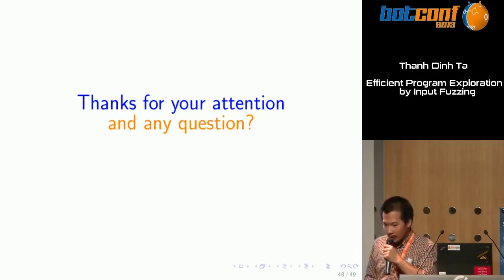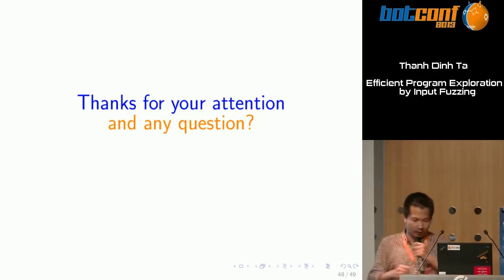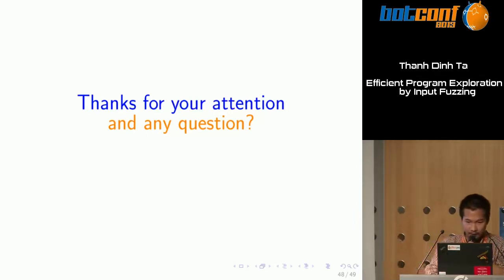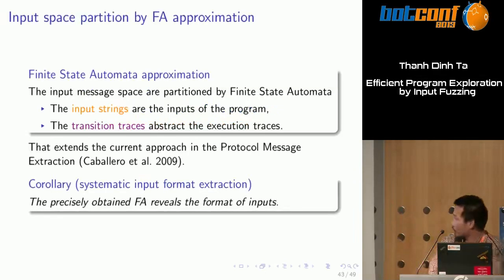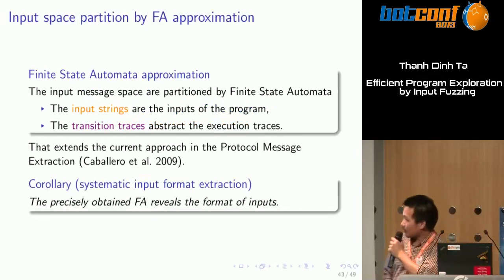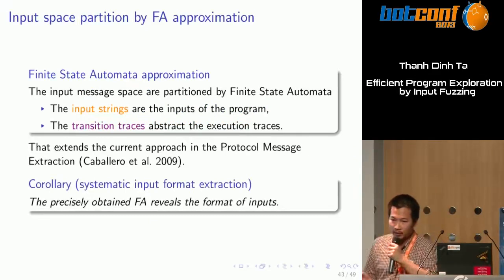In this case, we can still do that because our method, for example in this line where we use the finite state automaton for the approximation, I don't need to suppose that we have a fixed input message.